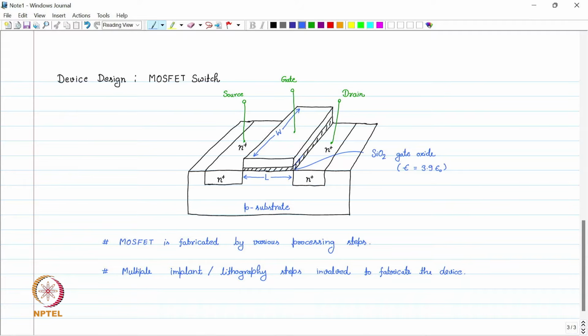So now we will discuss how this device actually works when we apply the voltage on source, gate and the drain. MOSFET working.